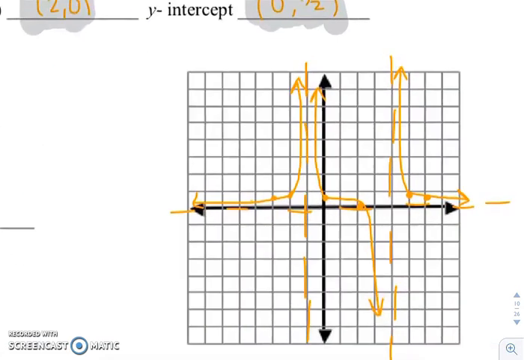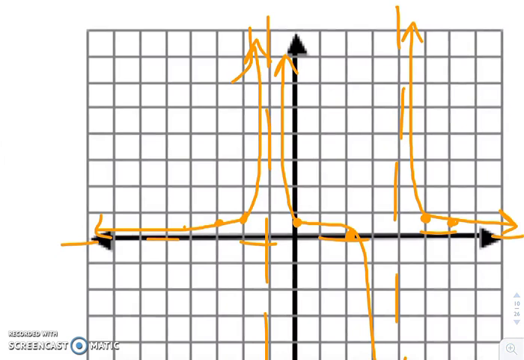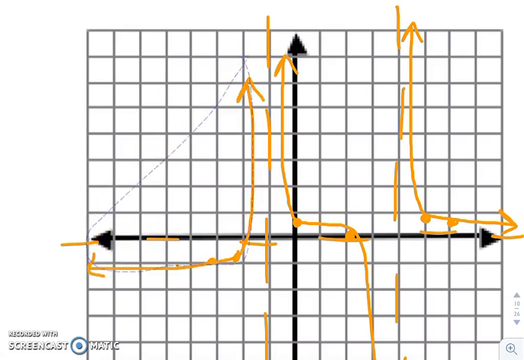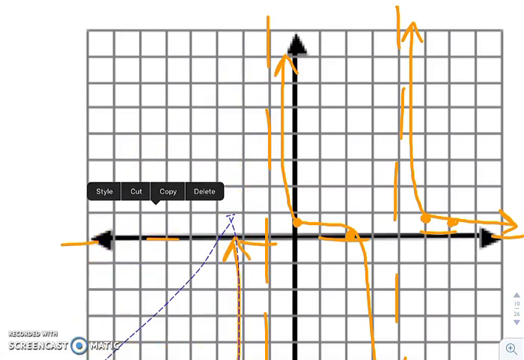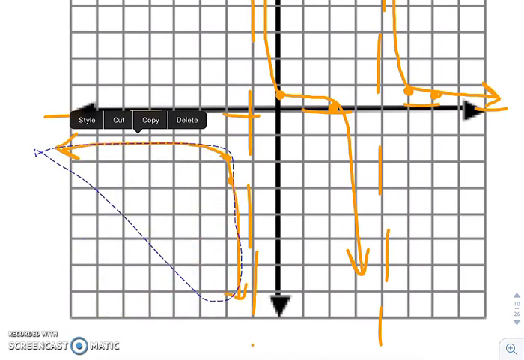I did my whole left side backwards. These should all be negatives. Like, yeah, let's see. This is what happens when you have to keep switching back and forth. I can turn it.